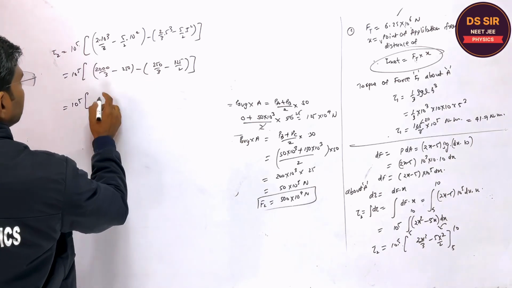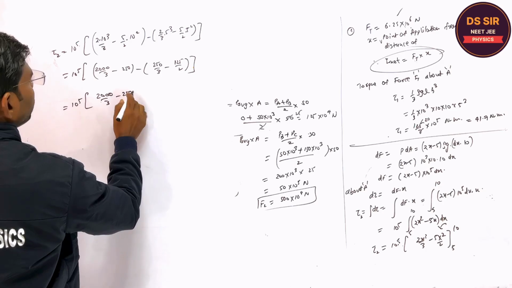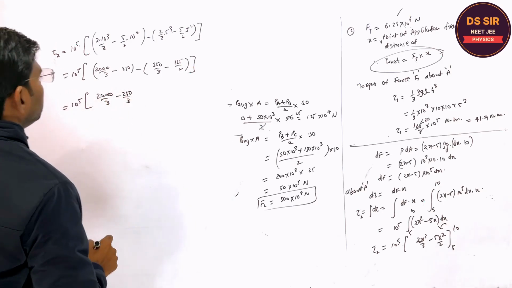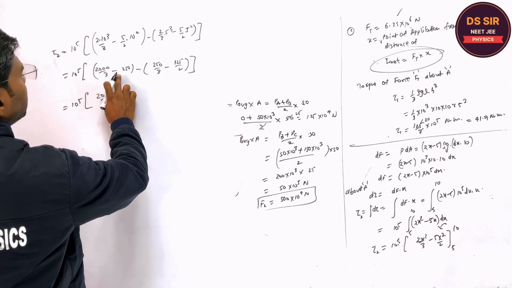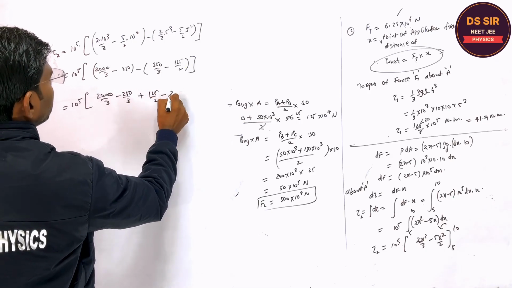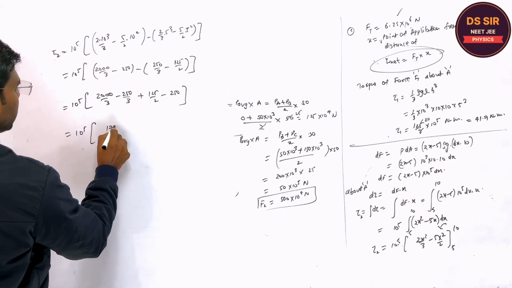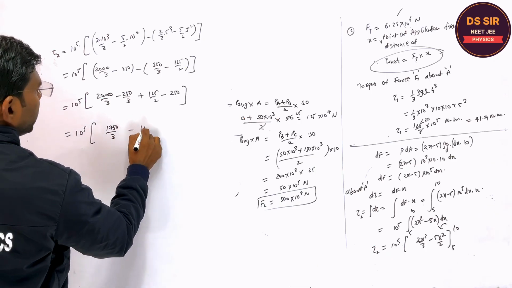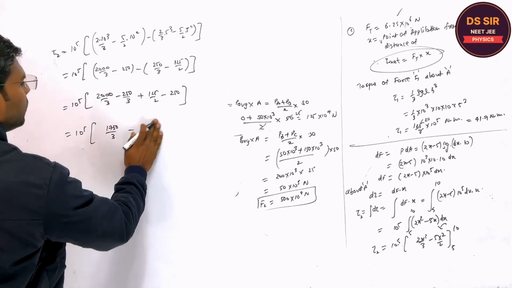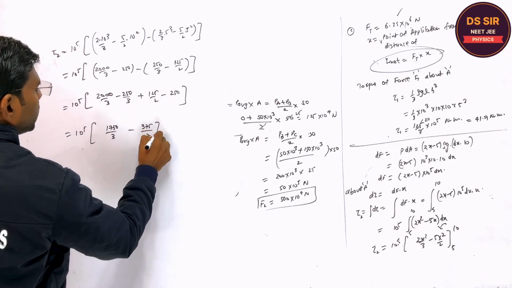Make this calculation correct: 10 to the 5 times 2000 by 3 minus 250 upon 3, minus 250 plus 125 by 2. This is 1750 upon 3 minus 375 by 2.